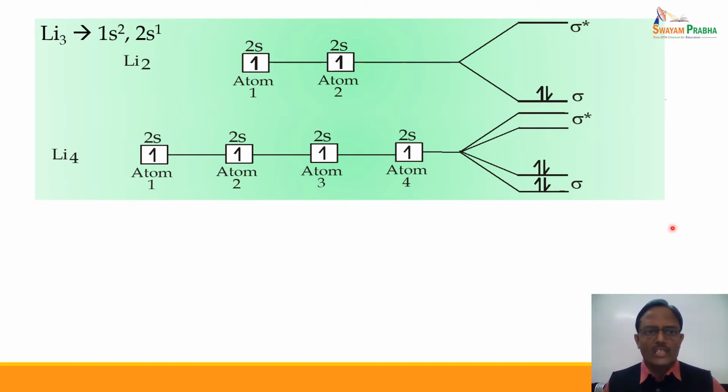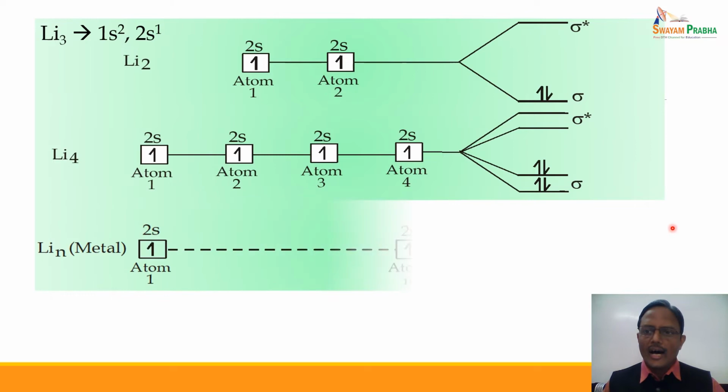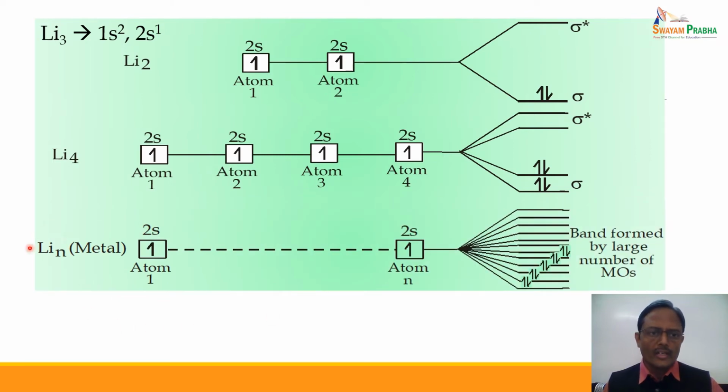Now if we extrapolate such mixing of atomic orbitals leading to formation of molecular orbitals to a large number of atoms, in the case of a metal, what happens? There are a large number of lithium atoms and they lead to mixing of their atomic orbitals, forming a large number of molecular orbitals. And in those molecular orbitals, half of them will be completely filled while half of them will be empty.